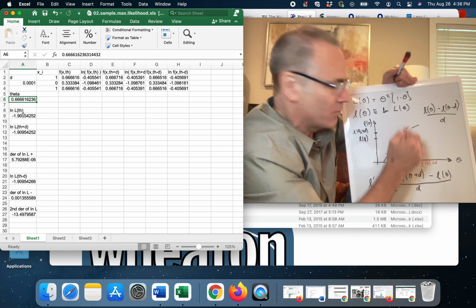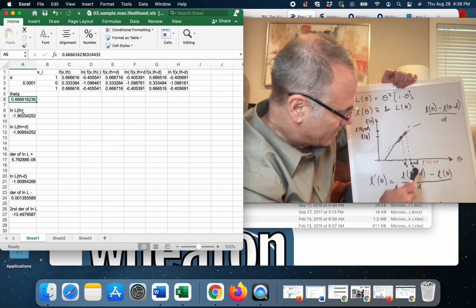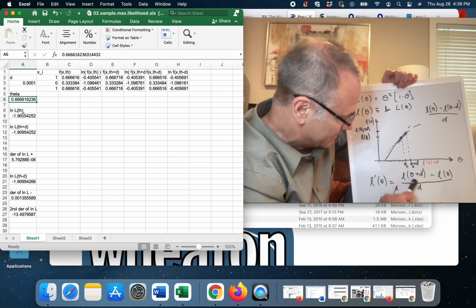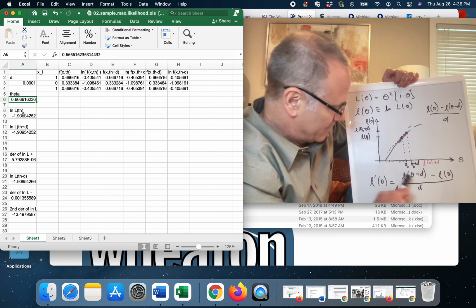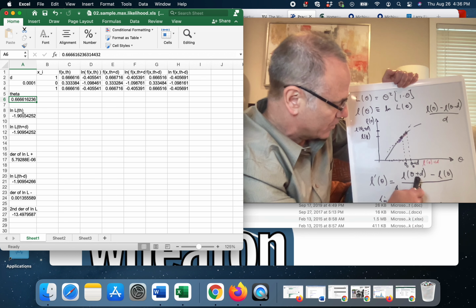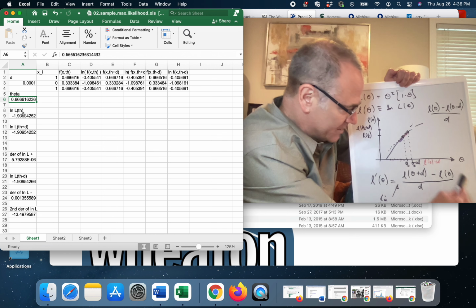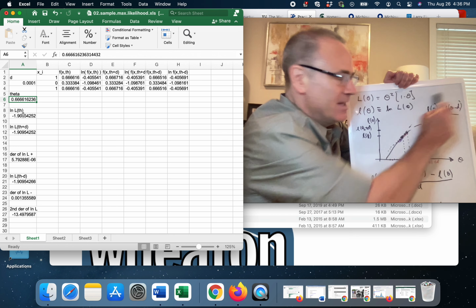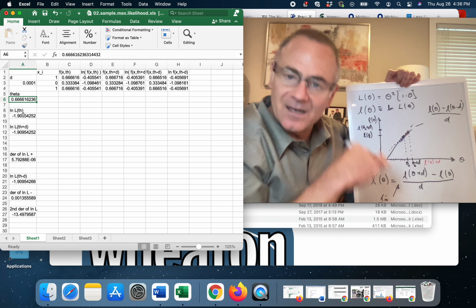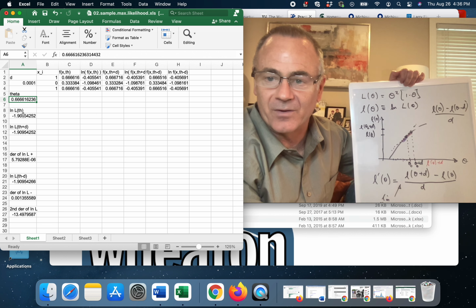This is the slope of the red line. This is the derivative, and that's the derivative when d is a little smaller. If we took this derivative term, minus this term, and then divided by d, then that's going to give us the second derivative.